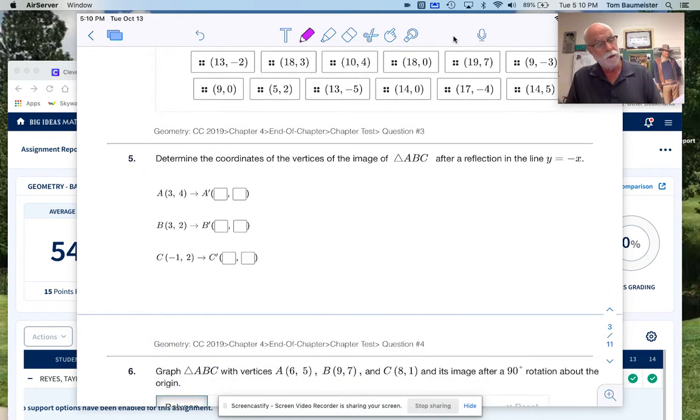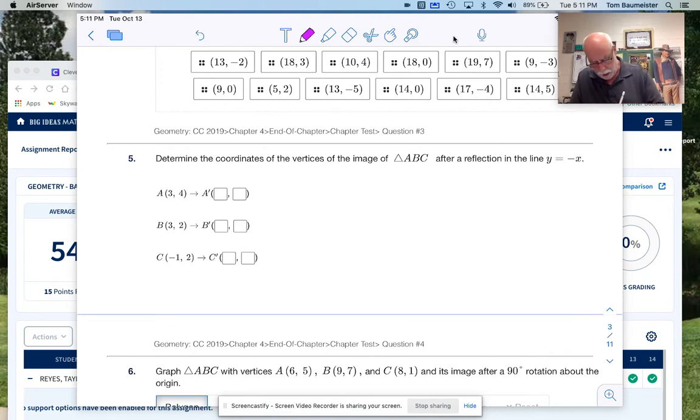All right, so let's see here. Determine the coordinates of the vertices of the image ABC after a reflection in the line y is equal to negative x. So remember, again, on this, you should be able to look at your textbook and look at what happens at a reflection. That would be section 4.2 that we talked about reflections.